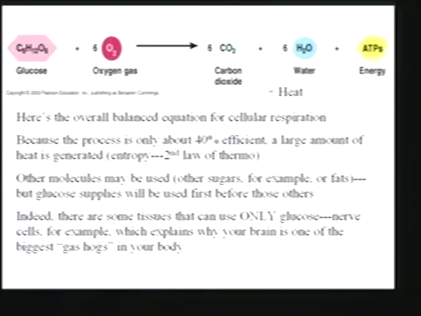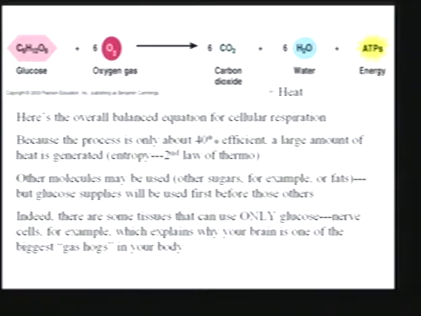There are some tissues that only use glucose. The nervous system only uses glucose. Okay? If you're starving yourself, what your body has to do is convert fats into glucose, send that up to the nervous system, the brain, for example, and then the brain breaks it down again. Right? It's a huge waste of energy, first of all, and it's difficult to do when you're not taking any glucose in.